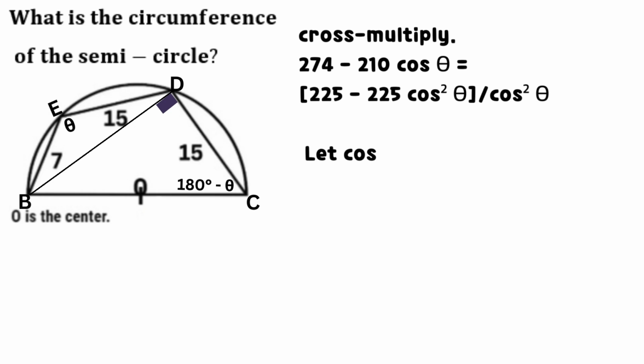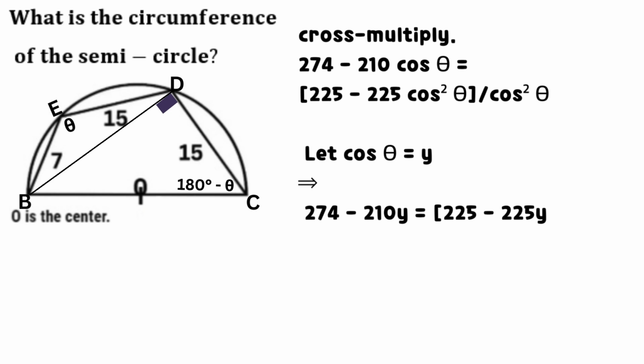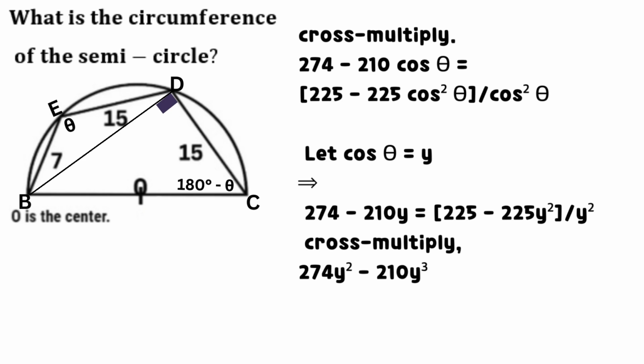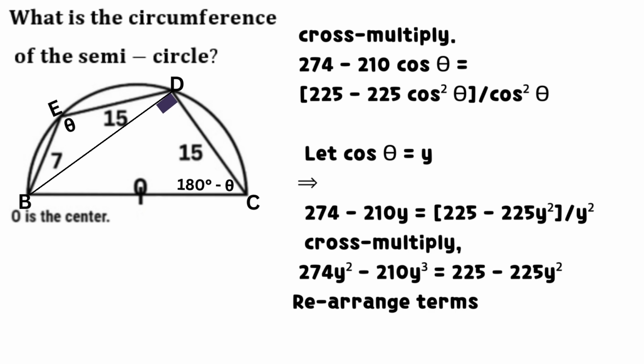Cross multiply. We obtain an equation in cosine theta as shown on the screen. Let cosine theta equal y. It signifies that 274 minus 210 times y, all divided by the square of y, equals 225 minus 225 times the square of y. Cross multiply and we obtain a new equation in y as shown on the screen.